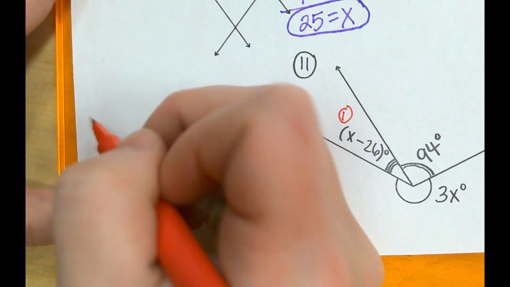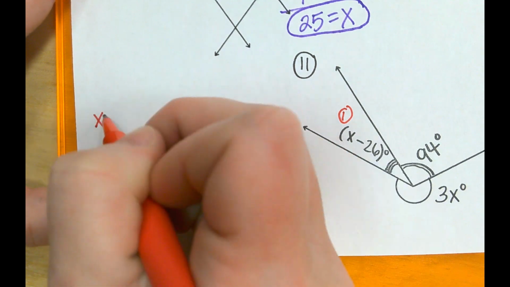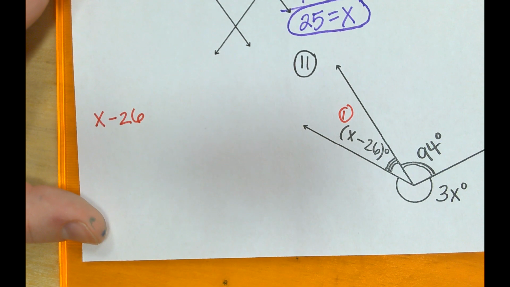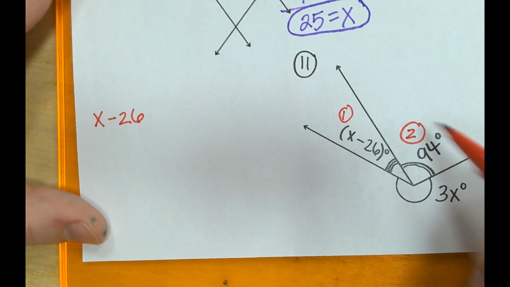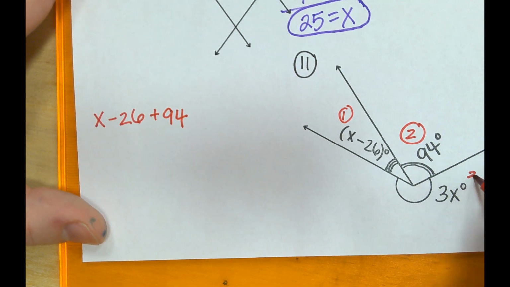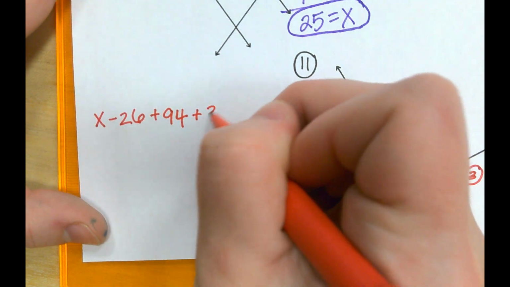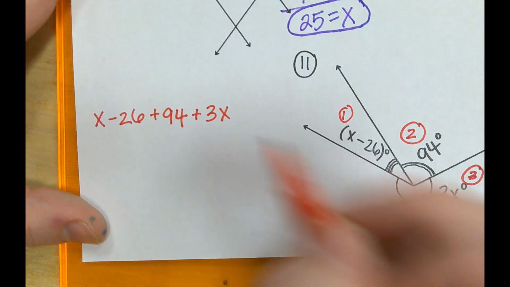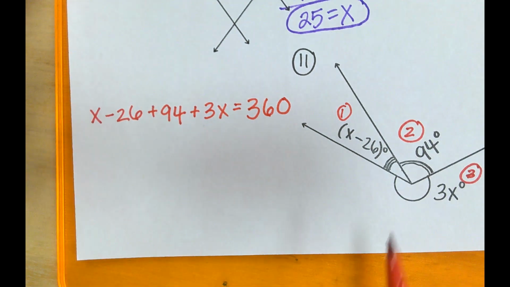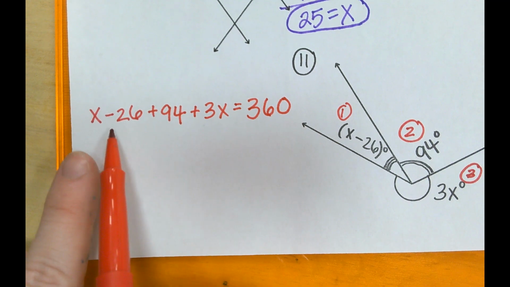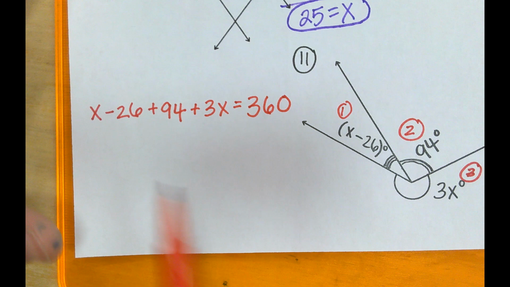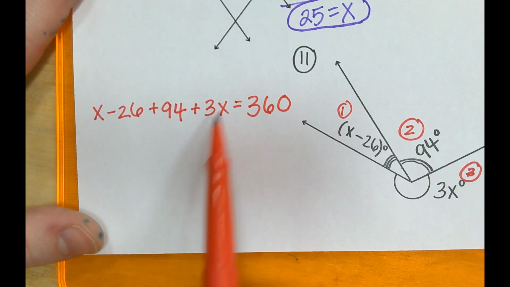I'm going to write that: x minus 26. And what did you do next? Plus 94. Then plus 3x. Equals 360.